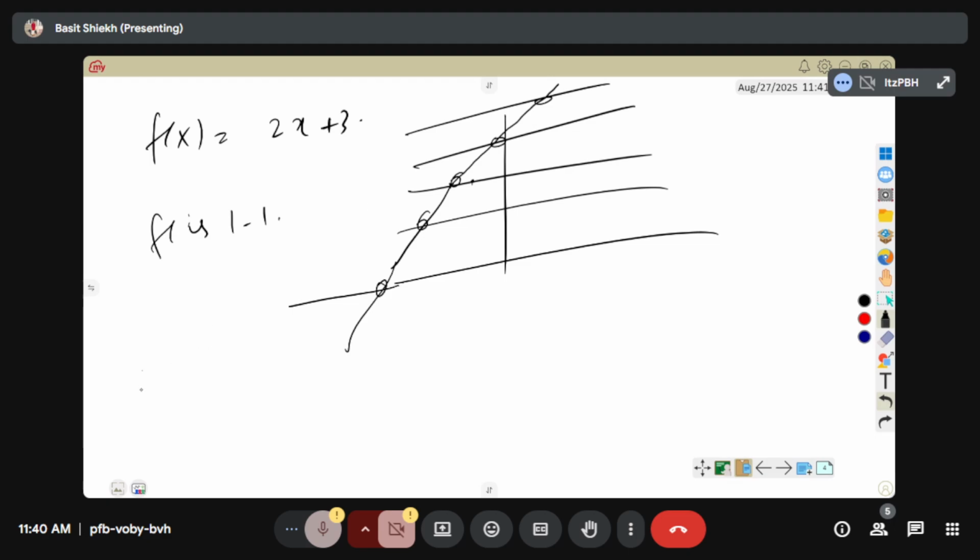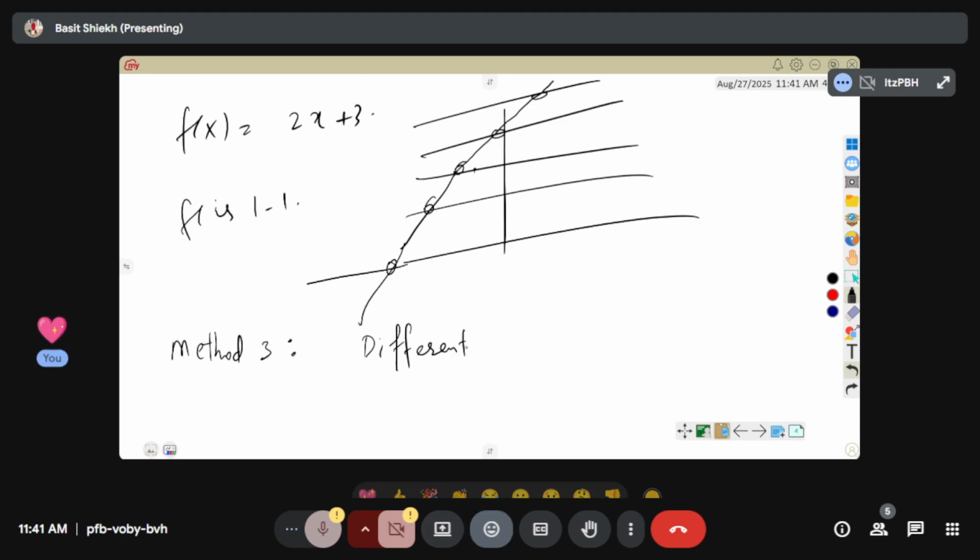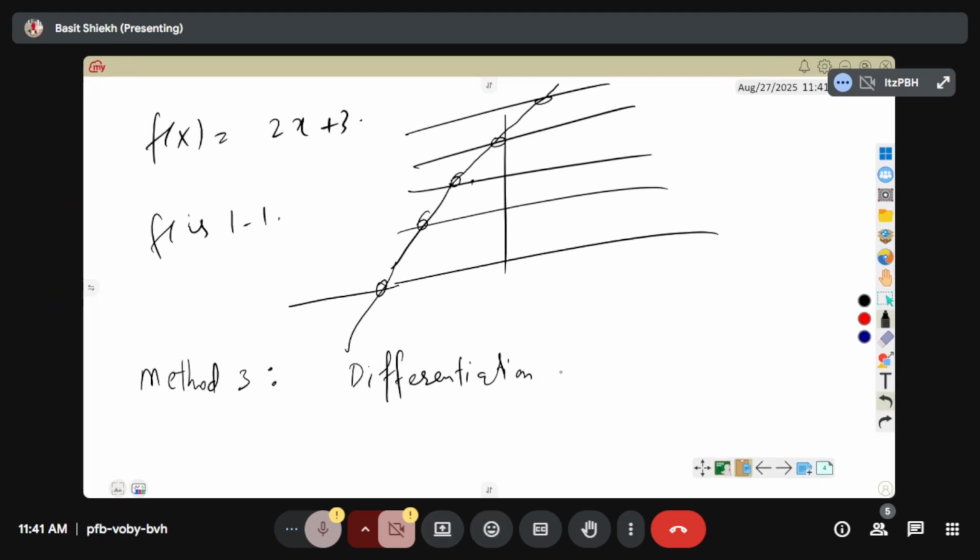And the third method is the differentiation method. In this case, our function should be continuous. Let's say our function is continuous. Then we can find its derivative.